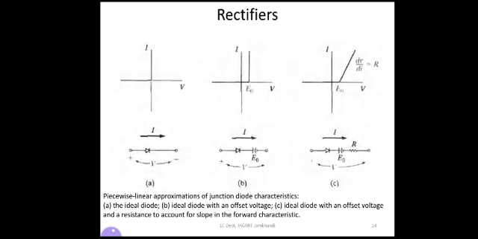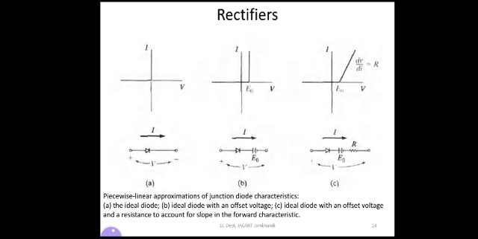A diode offers a low resistance when forward biased. As you can observe in the figure, there is no resistance at all, so the complete current is flowing through the diode. That's why the characteristic is vertical to the y-axis.